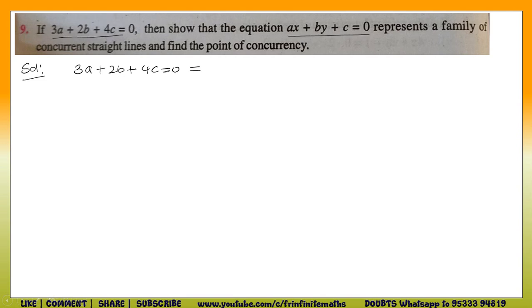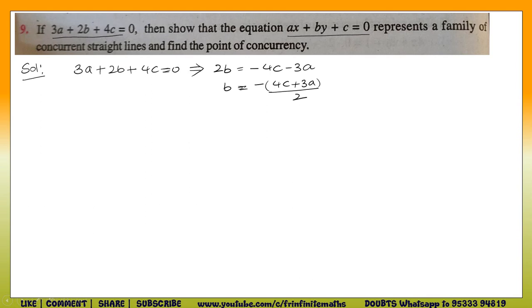Now what we are going to do is represent one variable in terms of the other 2 variables. So from this I can write 2b is equal to minus 4c minus 3a. From this I can write b as minus of 4c plus 3a divided by 2, right? So b is equal to minus of 4c plus 3a divided by 2.